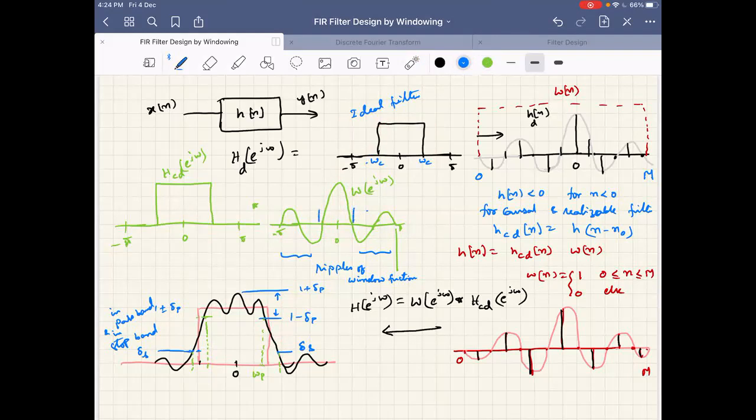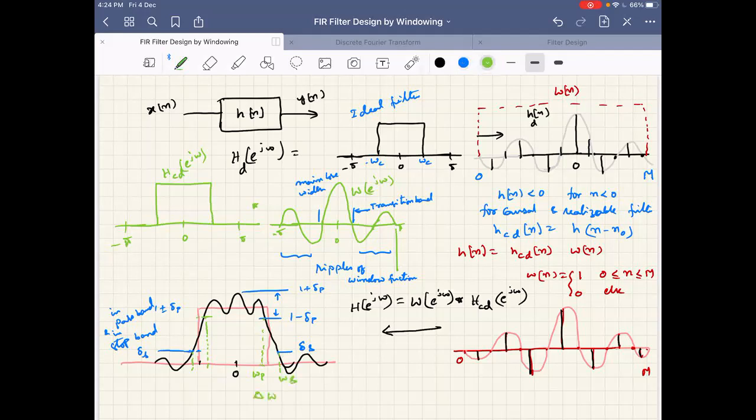This width results in the transition band, and this is because of the main lobe width. Fine, and this is the transition band, WP to WS.